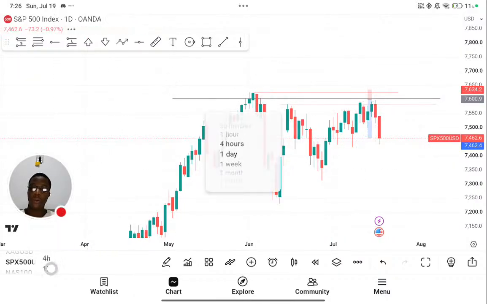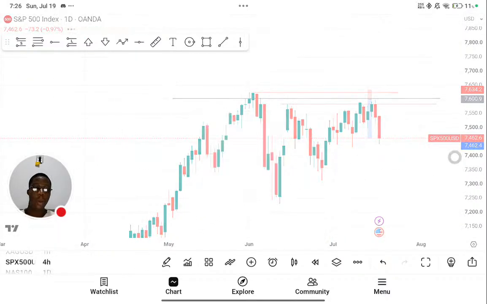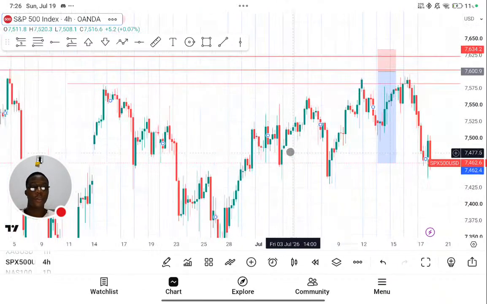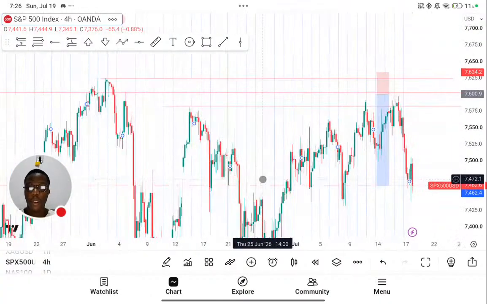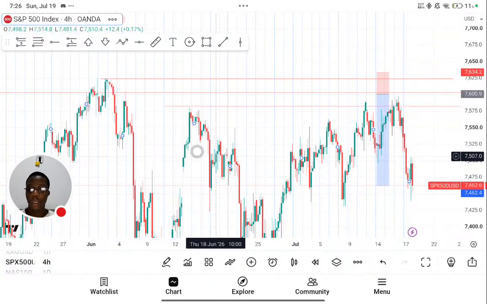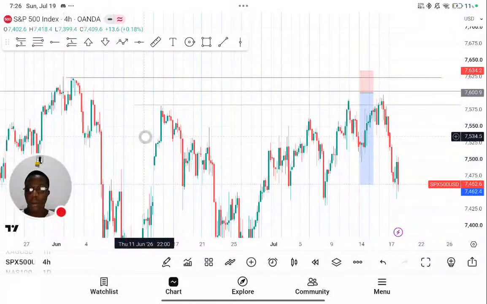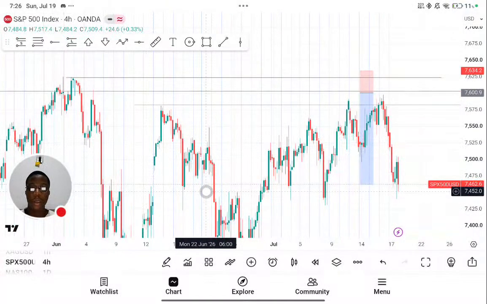If we go to 4 hour, but then I don't like selling all these stocks because they are most times bullish because of more fundamental things happening with AI, and also they could just flip. So I'm always cautious while selling.